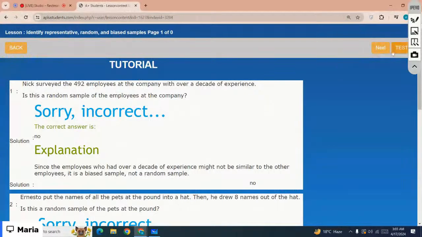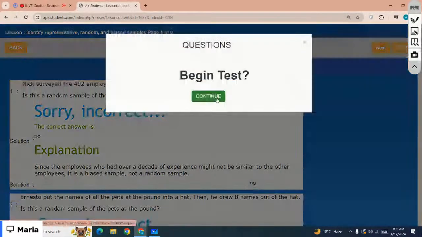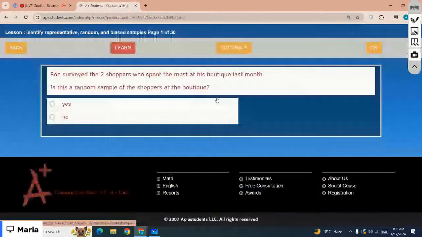Got it? So let's start with the test questions. The questions in the tutorial are already solved. You can have a look at them later today, right? Okay, the first one is: Ron surveyed the two shoppers who spent the most at his boutique last month. Is this a random sample of the shoppers at the boutique? So which is the correct option?